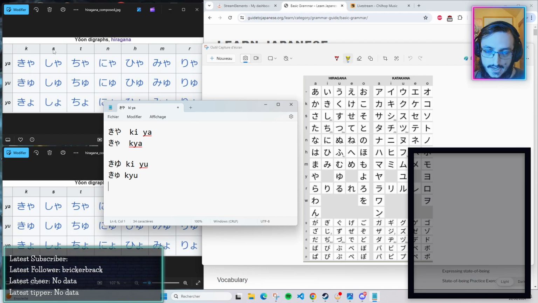Same with the S line. The S line will be a bit different because it is irregular. As you know, the shi in hiragana is irregular by itself because, as a reminder, we were expecting si, but we get a shi instead.